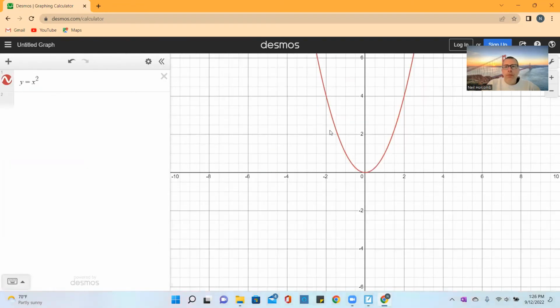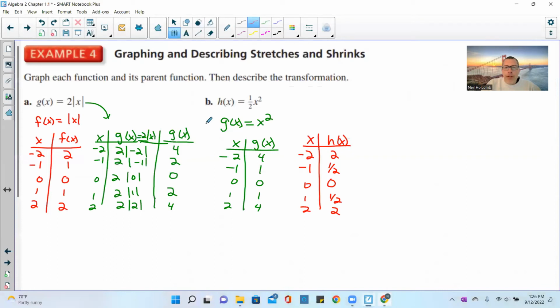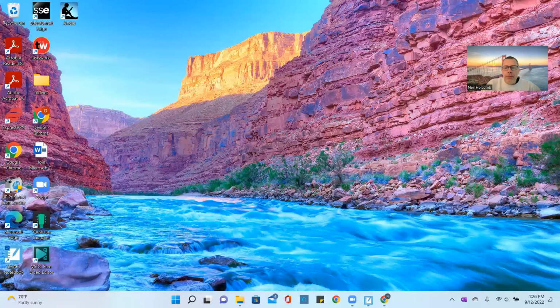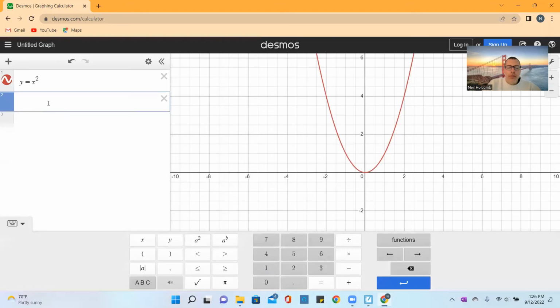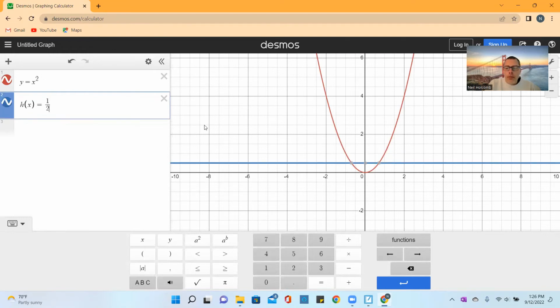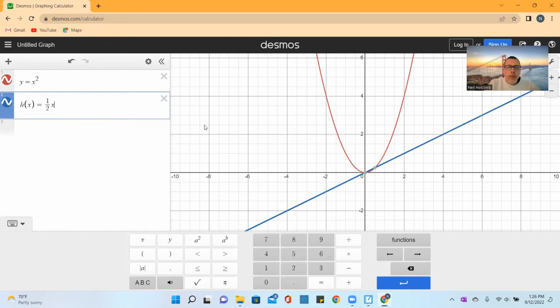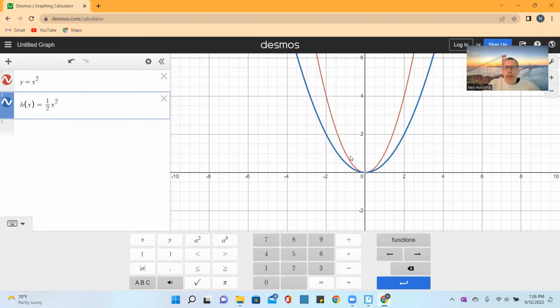All right, I'm not going to worry about that right now. And then we're going to do h of x equals 1/2 x squared. Okay, so the parent function here is red. 0 squared.